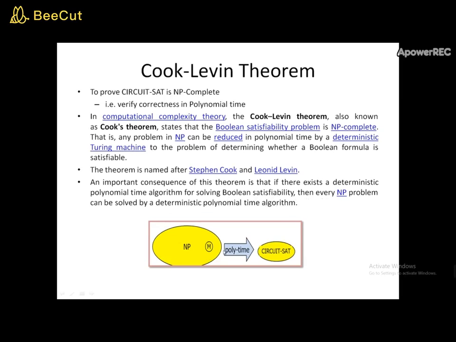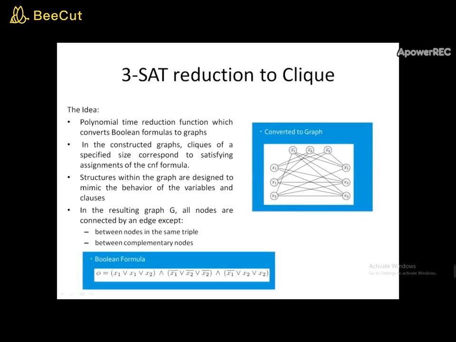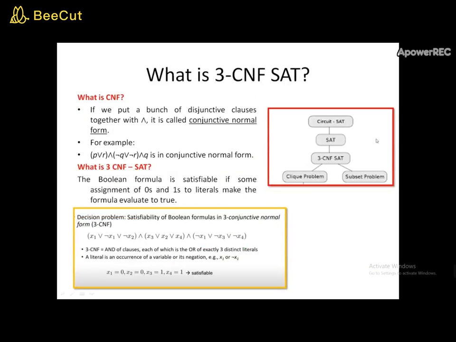So basically we are reducing the circuit SAT algorithm into a satisfiability algorithm. Then we extend the satisfiability algorithm to the 3 CNF satisfiability algorithm, where we consider 3 CNF, the conjunctive normal form, with 3 literals in each clause.